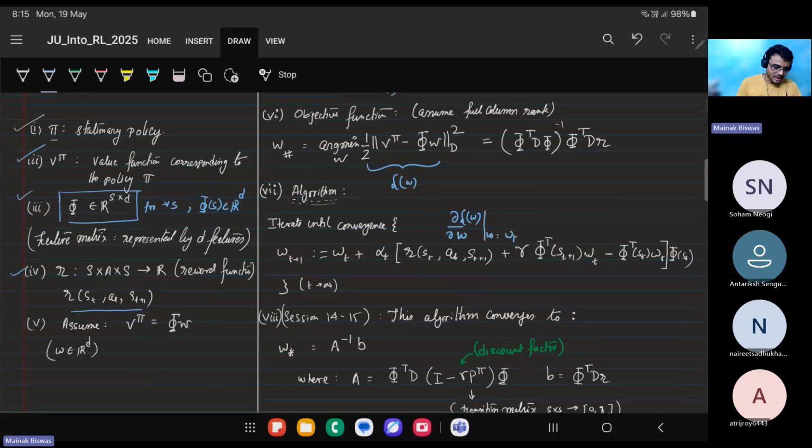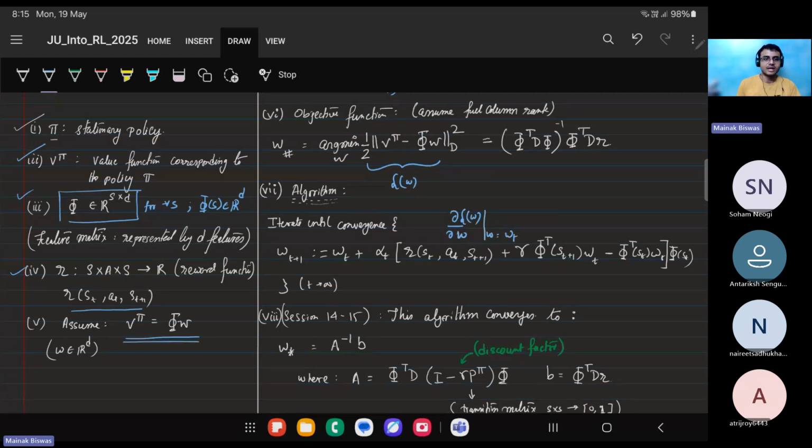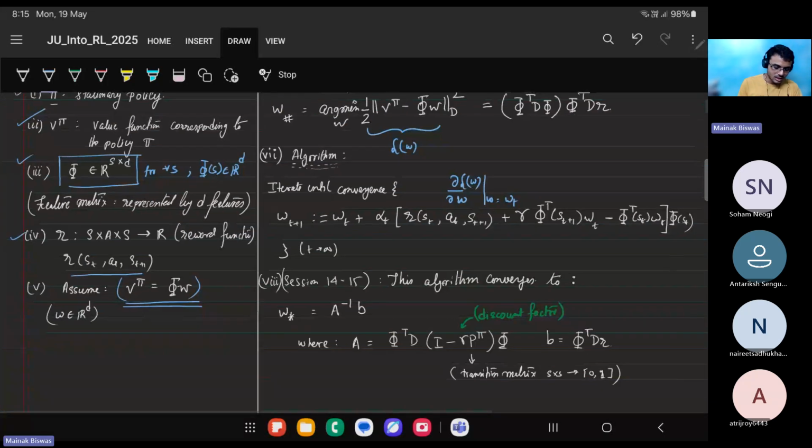And the last thing was, when we tried to do linear function approximation, we did V pi is equal to phi W. What does this mean? For people who have not attended the classes, this is a very simple thing. We assume that V pi is in the column space of the feature vectors.